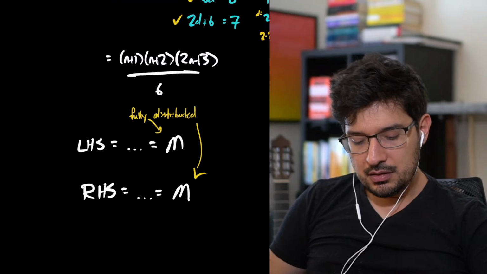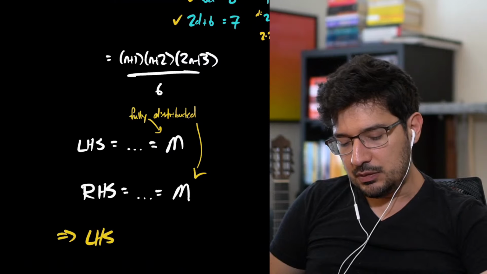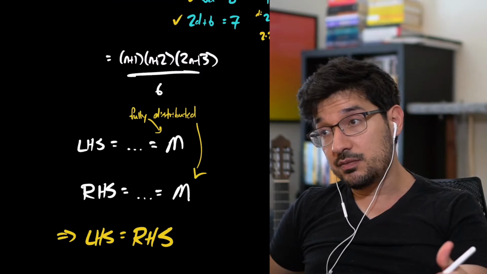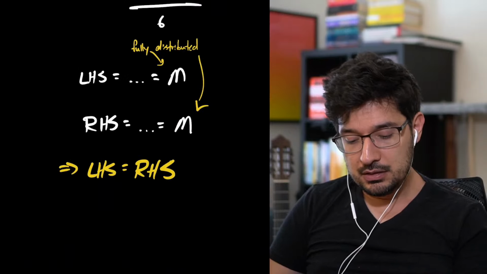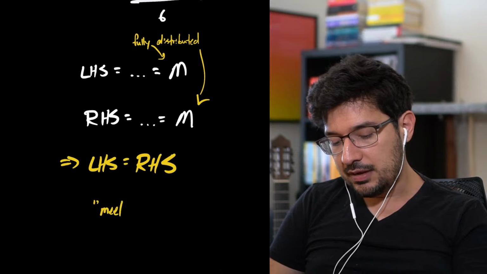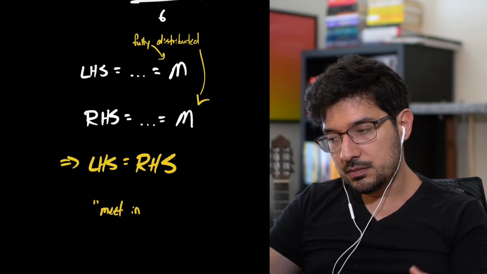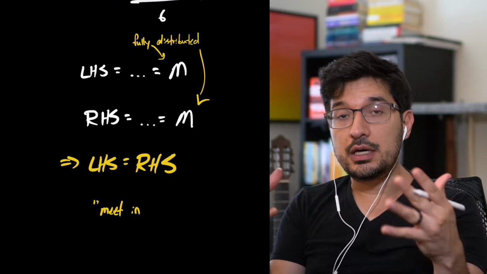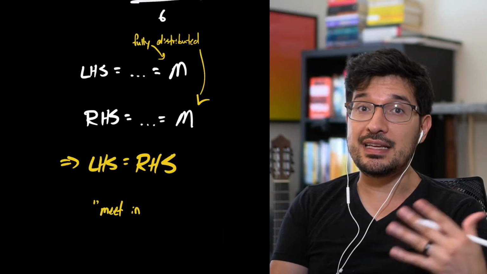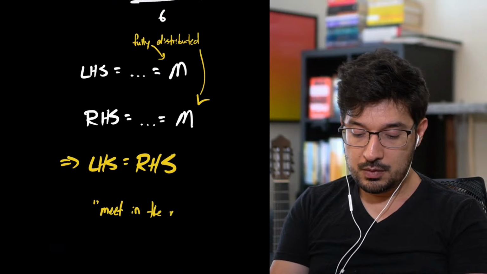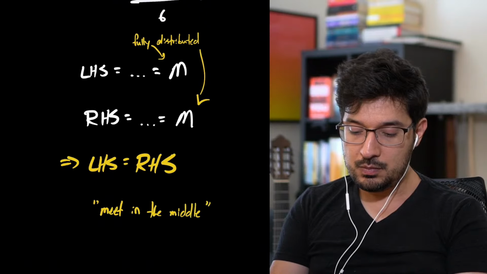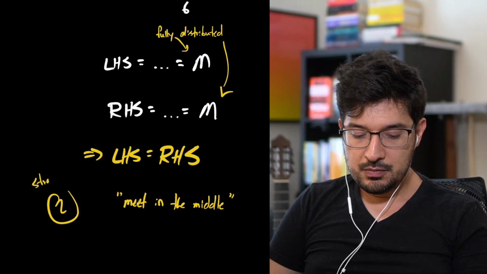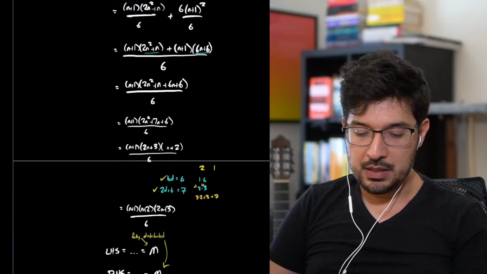Therefore, the left-hand side equals the right-hand side. That's another perfectly valid proof strategy for something like this, like meet in the middle. And this would not have required knowing how to factor a polynomial. It would only require learning distributivity, which we've done already in the series. This is like our second strategy that would have worked here as well.